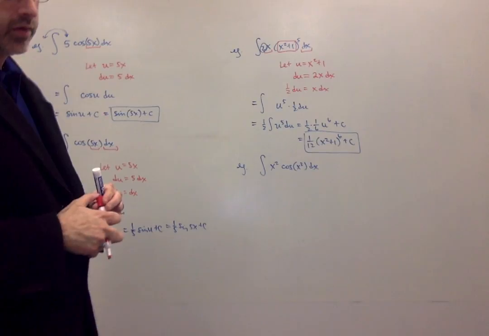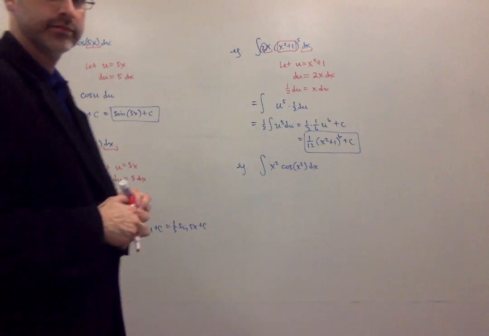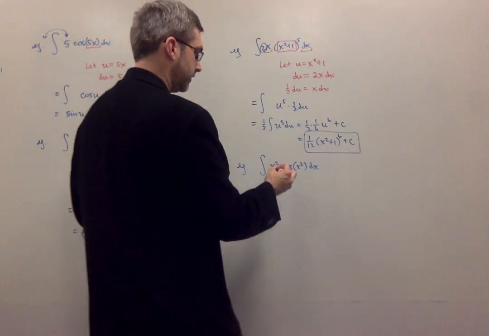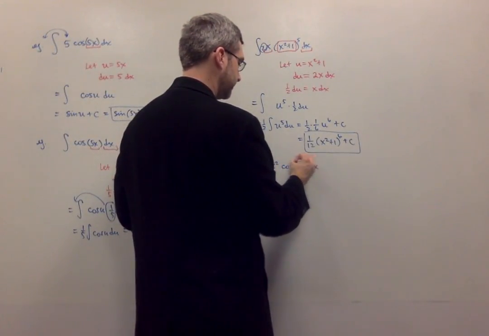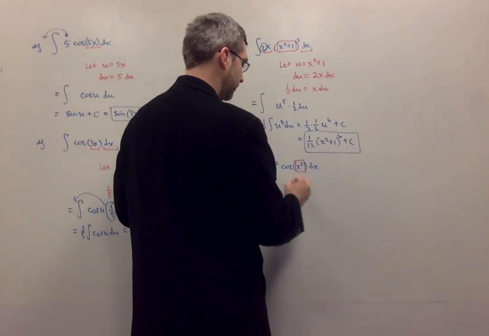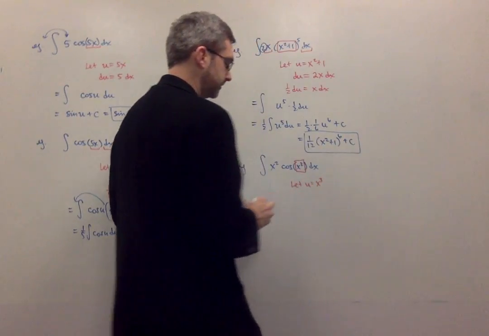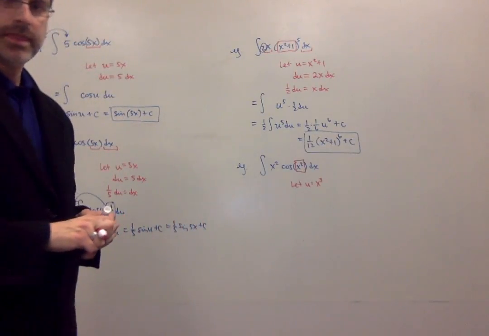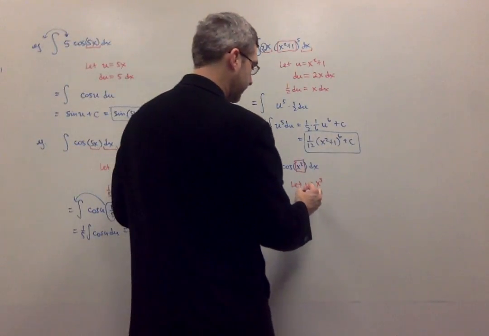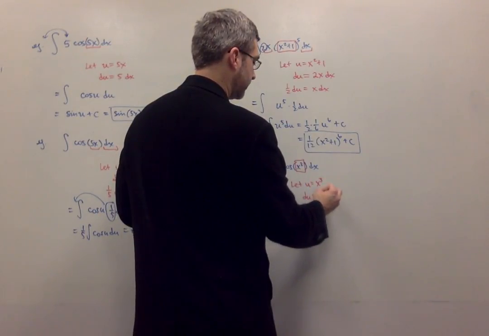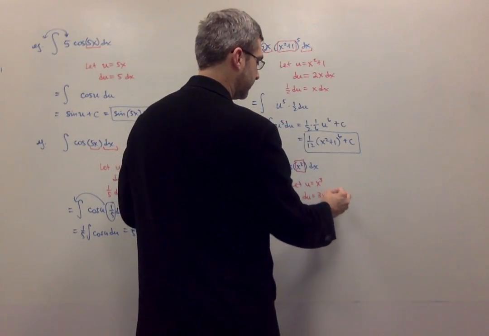What you'll notice here is that here's a composition. So because I see that composition, let's let u equal the inner function. By letting u equal the inner function, if we calculate the differential du, du is just the derivative, 3x squared times dx.